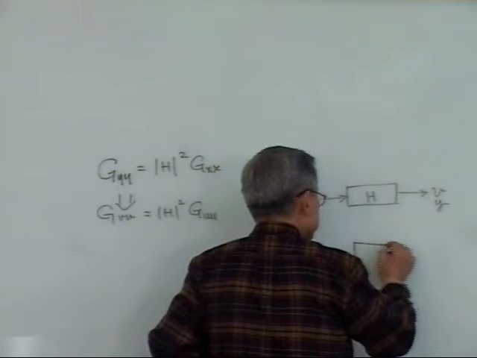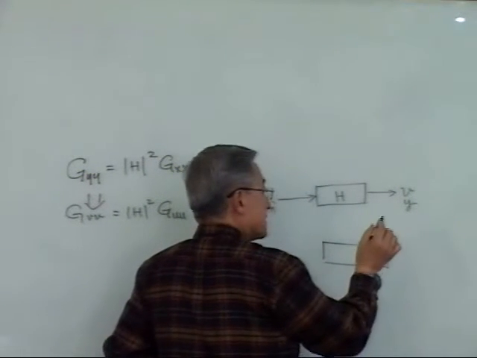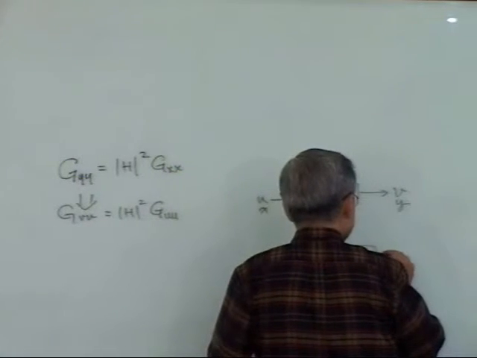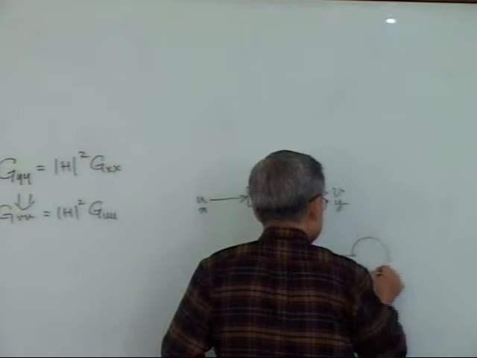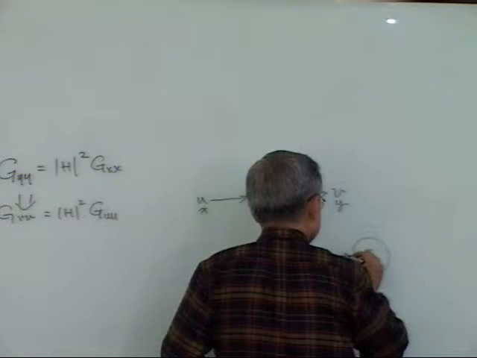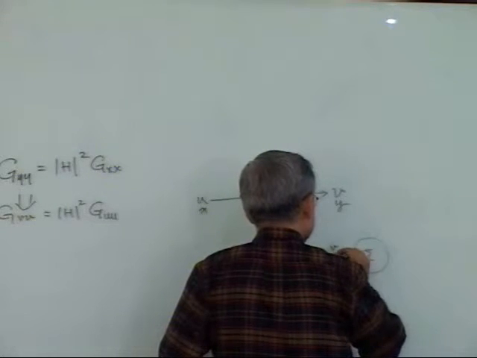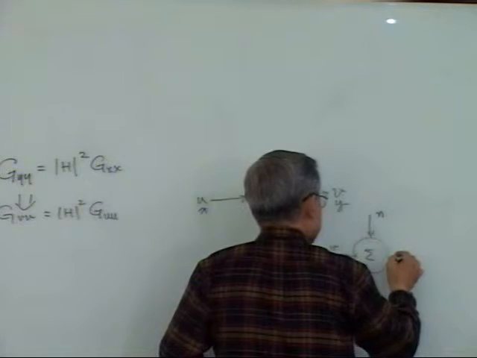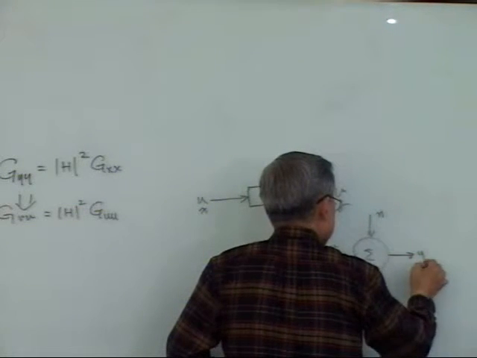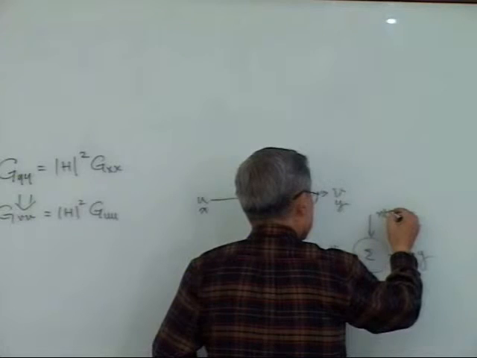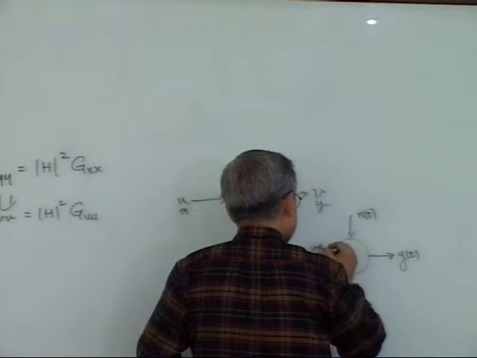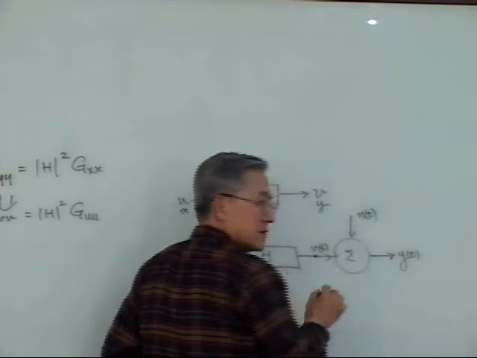But now, if you look at input-output noise, I think we have a circuit, as I recall. This is V, this is N, that's Y, of course, function, right?